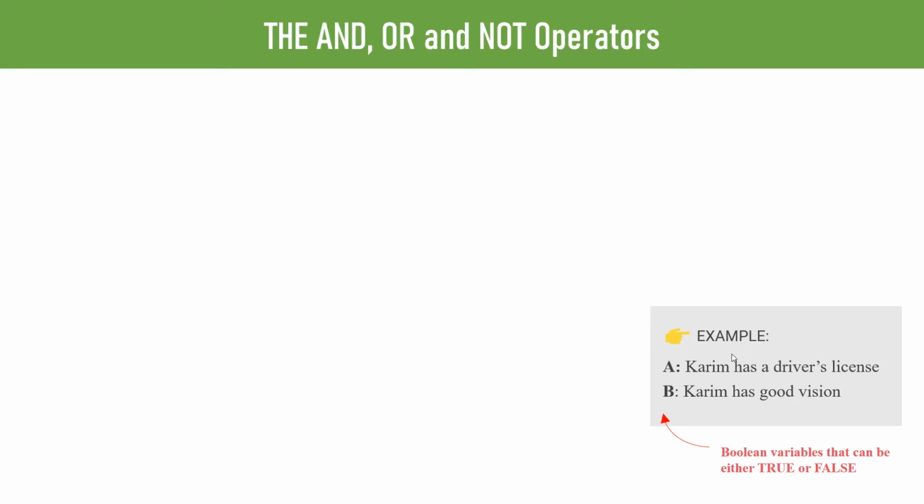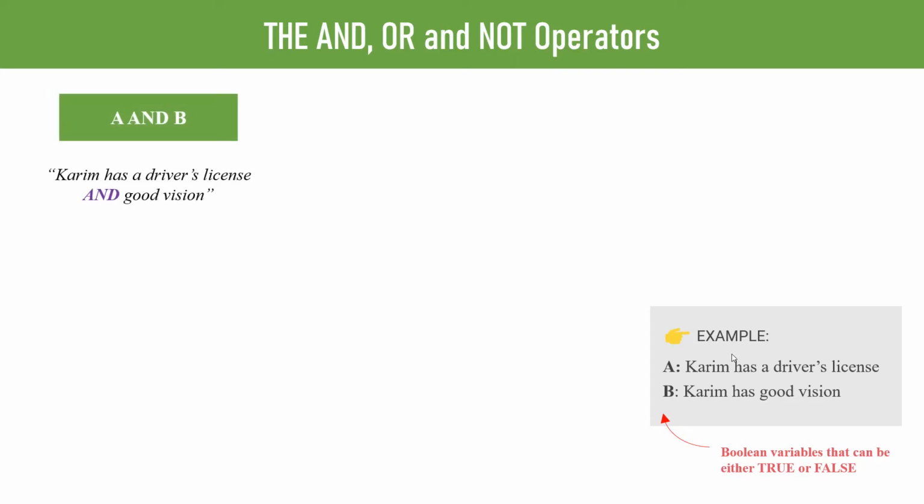Now, using the AND operator, like A and B, we can combine these two Boolean variables, like Karim has a driver license and good vision. Okay? But now, what will be the result of this operation?